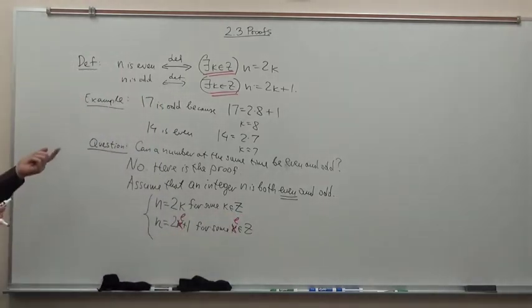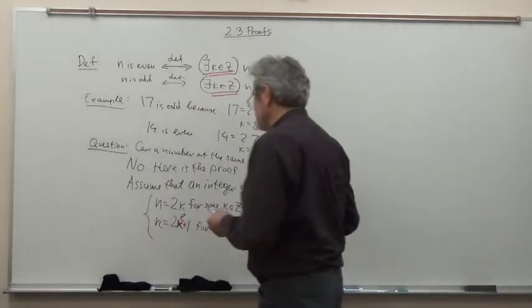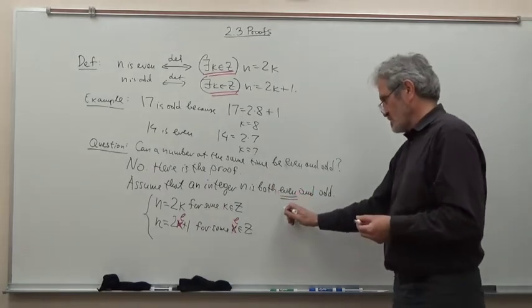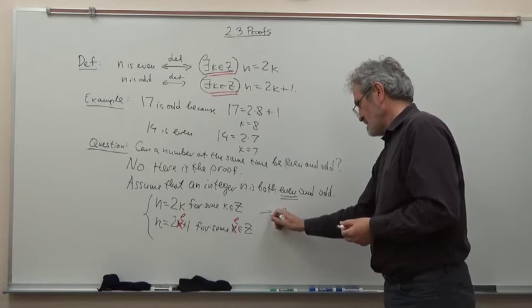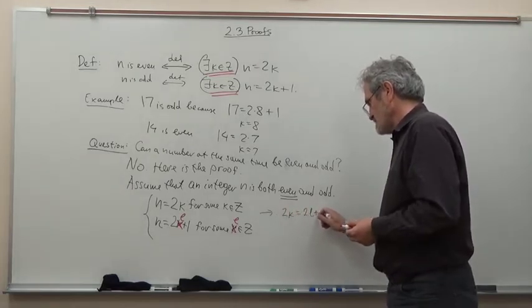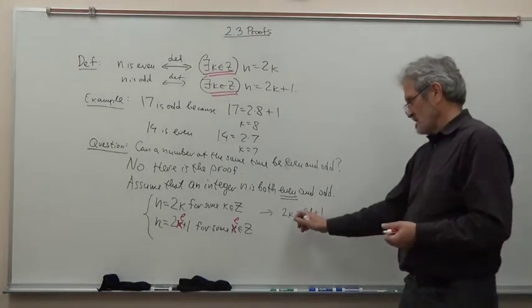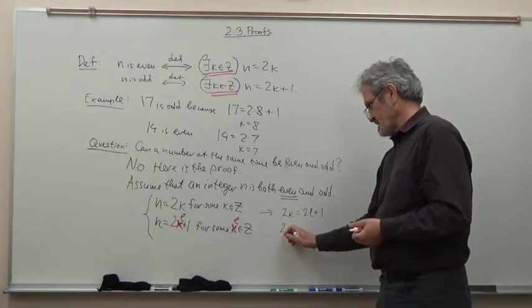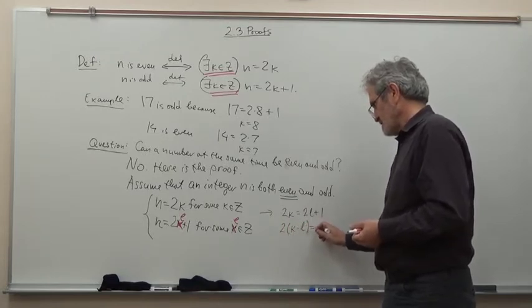And why can this not happen? Because I will compare these two lines and get the following. If n equals 2k and n equals 2l plus 1, that gives me 2k equals 2l plus 1. Then moving the even numbers to the left side, I get 2 times (k minus l) equals 1.